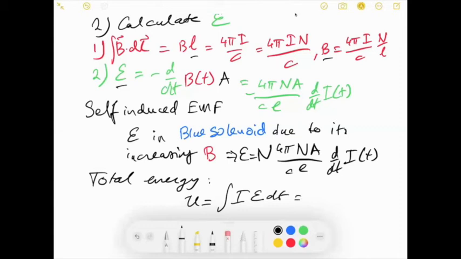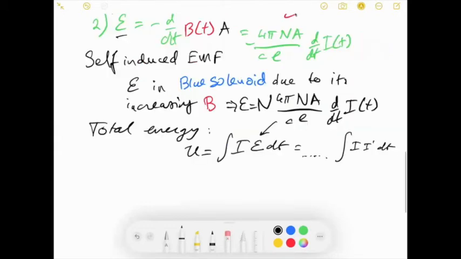So we could take this E, plug it in here, and we'll get a whole bunch of stuff in front, and we'll have an integral of I and an I prime, and then a dt, which is the same as an integral over just I, which is the same as 1/2 I squared, if I goes from, let's say, 0 to some value I. So this prefactor depends only on geometry, and that's the prefactor that I'm going to circle here.